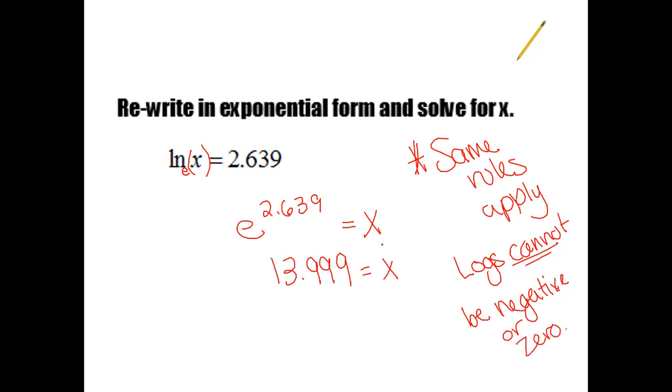Okay? So, if I take that 13.999, I have still a positive number. That's fine. You could type into your calculator ln of 13.999, and you will get a value of 2.639. So you can check to make sure you actually do get the correct value, so you can make sure you do well on quizzes.